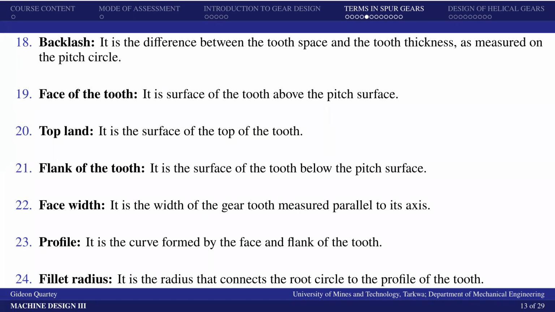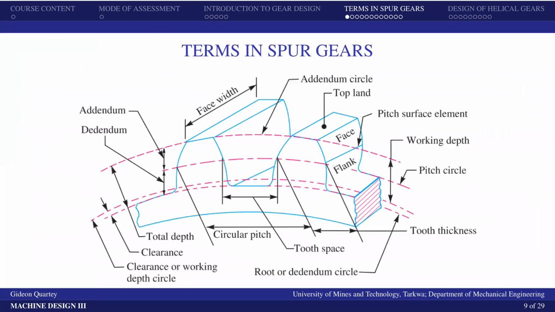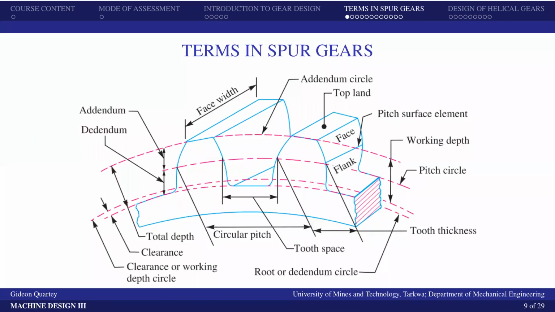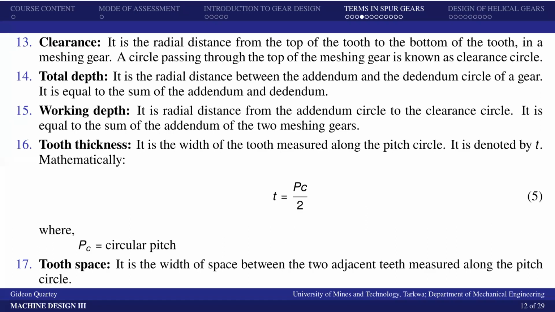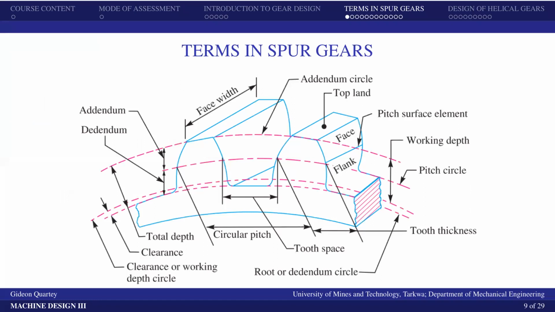So if we take this diagram, for instance, this is rather the face of the teeth, and the tooth space is talking about the gap from this point to that point.